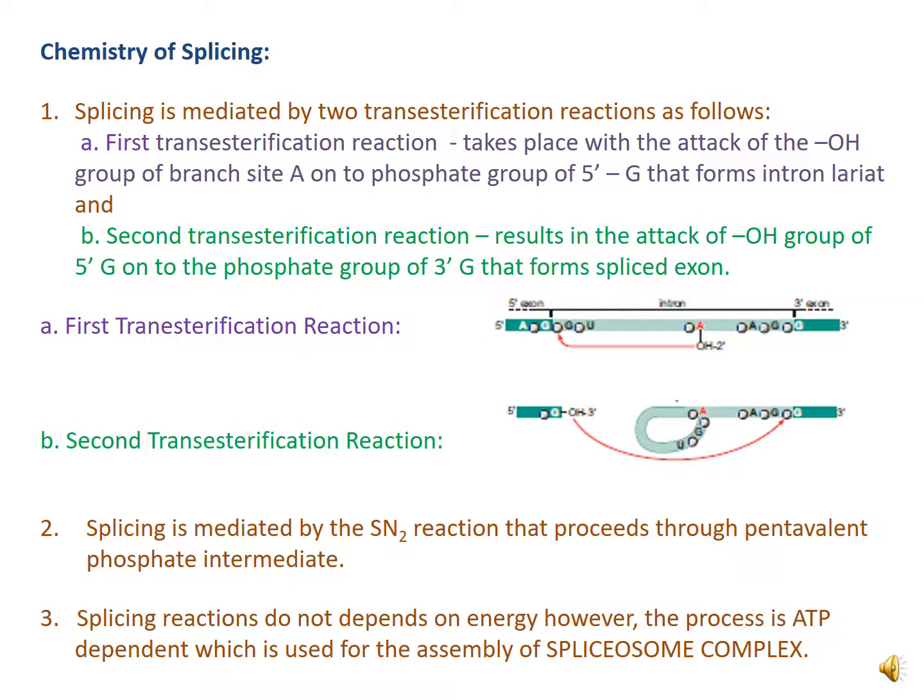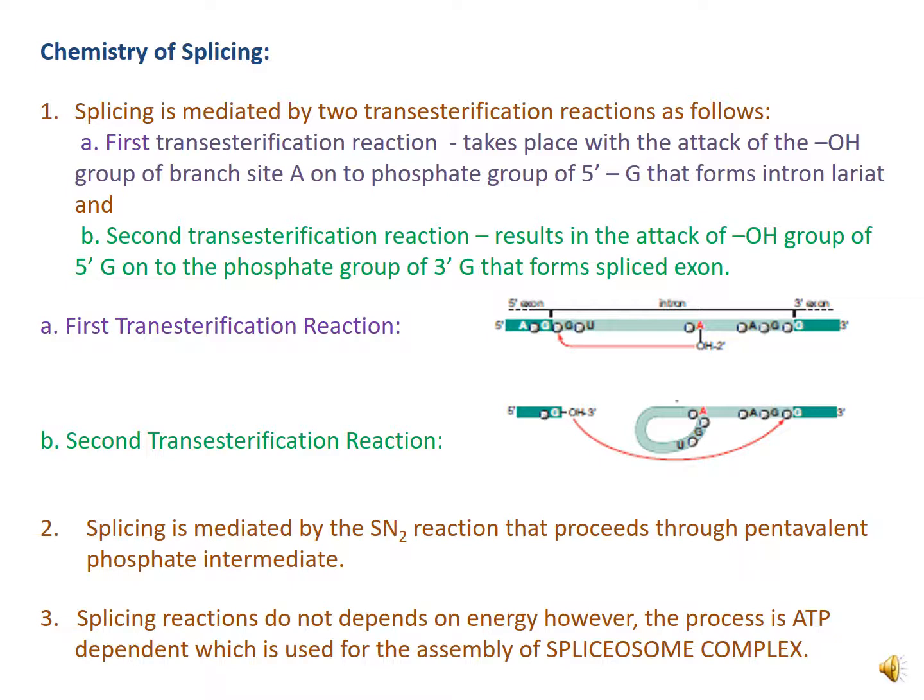This first reaction results in the formation of the intron lariat, whereas the second transesterification results from the attack of the hydroxyl group of the freed exon guanine onto the phosphate group of the guanine present at the 3' splice site of the next exon.